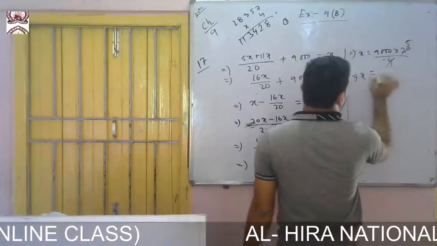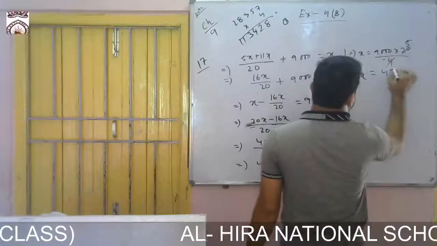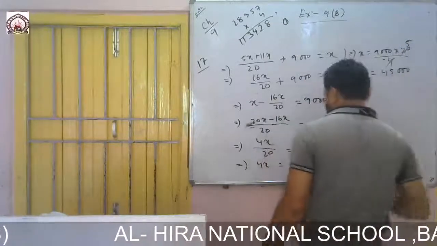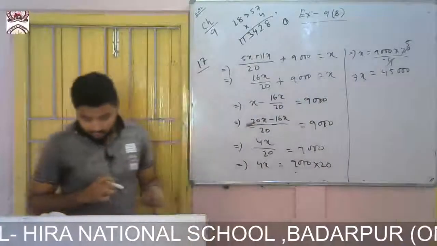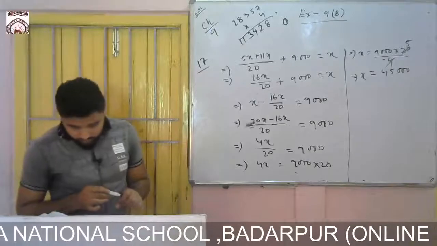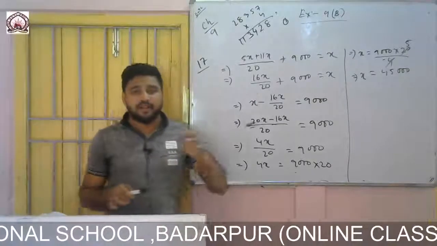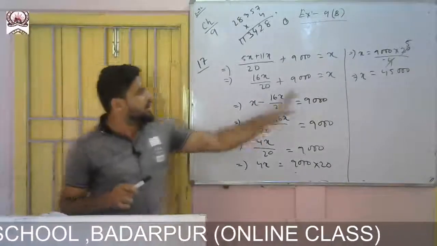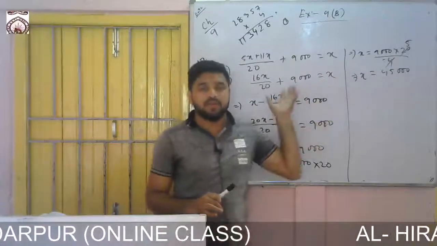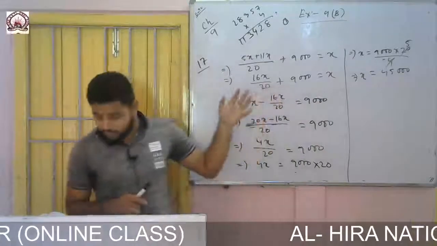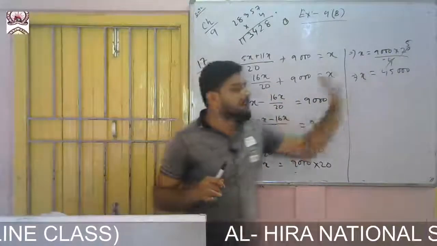So x will be 5 9s are 45 and 3 zeros, 45,000. That means the money left is 45,000. So how much money did he leave to all? That is 45,000, the total money he gave to his brother, daughter and mother.